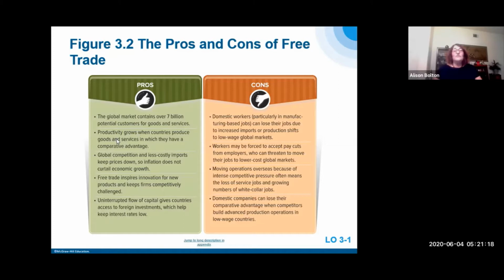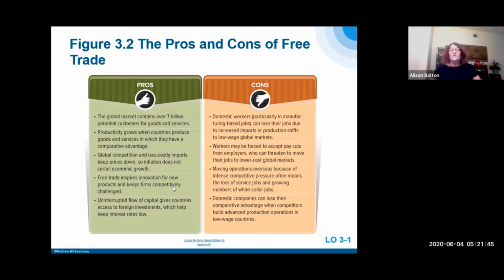Then there's also lots of productivity, allowing countries to produce goods and services with what is known as a comparative advantage, and we'll talk about that more in a bit. And then definite global competition with less costly imports, which helps bring prices down, so inflation does not curtail economic growth.